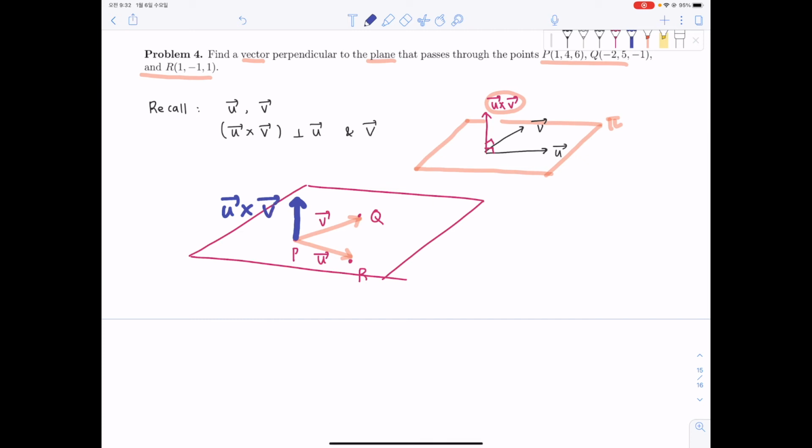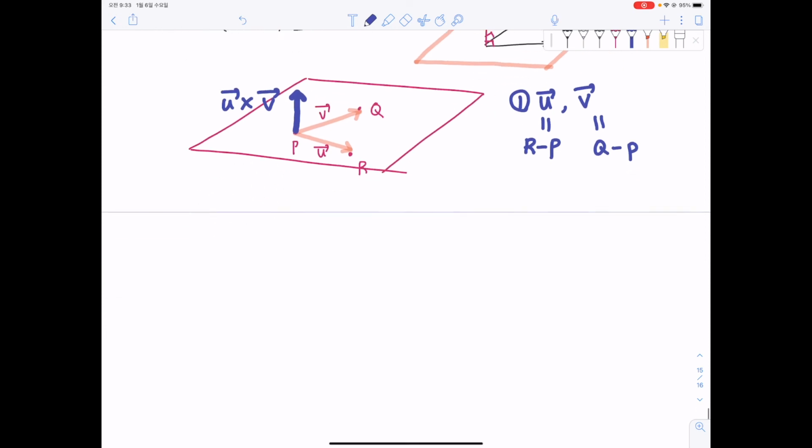So the first thing we need to do is find the vectors u and v. And we will find that u is r minus p, and v is q minus p.